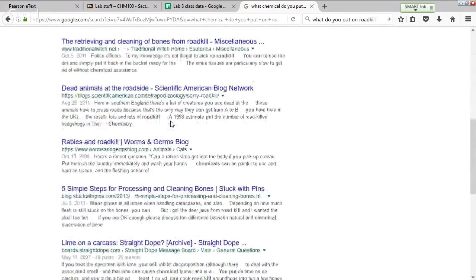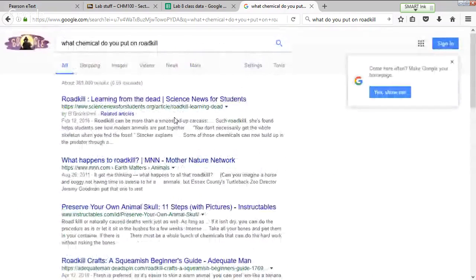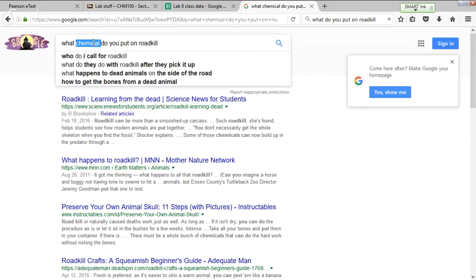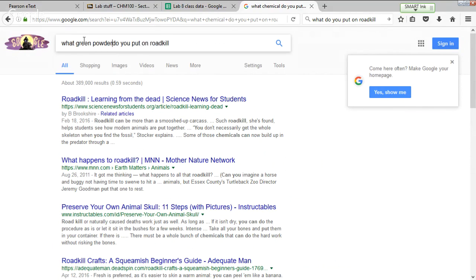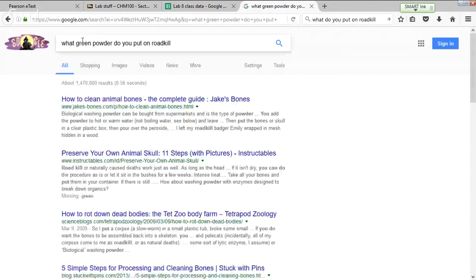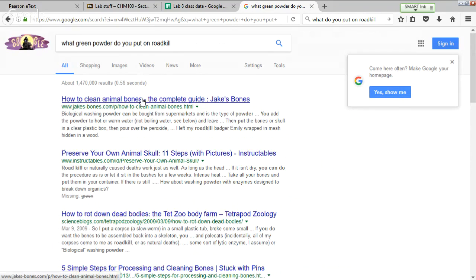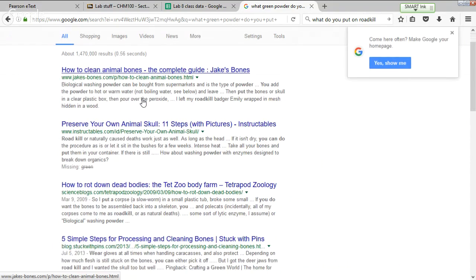What is the goal of the thing when you put it on roadkill? Like eats it. I know they do it in the country because my friends live in the country. Okay. So it's like a white powder? Or is it like a liquid? It's like green. They put it on top of like a powder. Yeah. And then it just eats it away, and it eliminates the odor and stuff. I just thought it was the same.